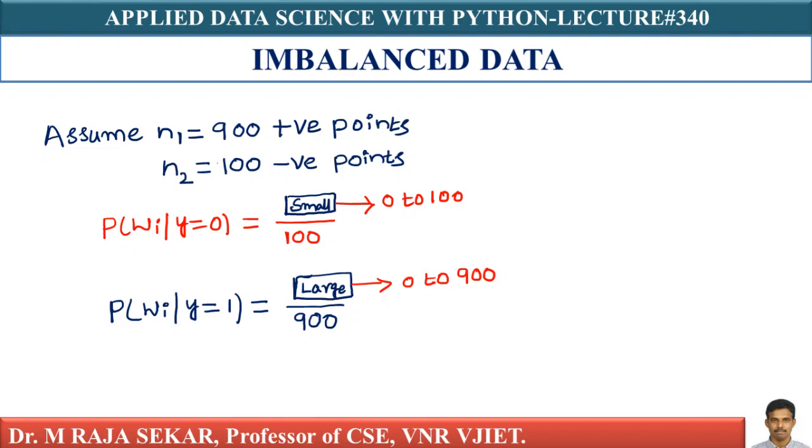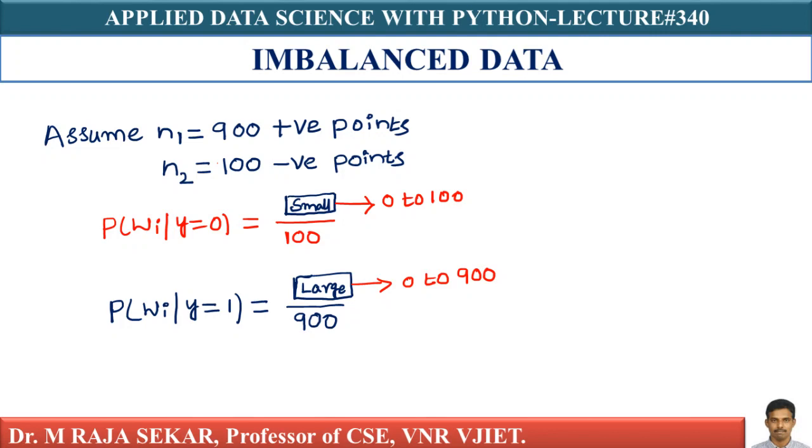Let me repeat: for the negative class, the numerator lies between 0 and 100 because of all the 100 data points which belong to the negative class, the word occurs in either 0 documents or up to 100 documents.